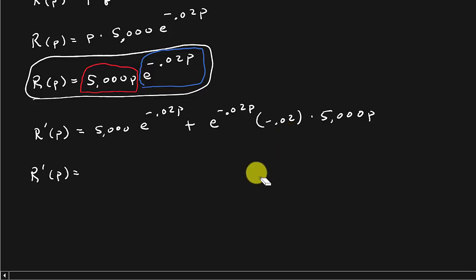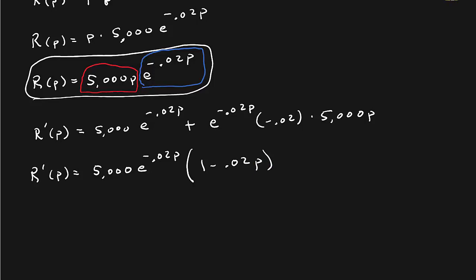So what I'm going to do now is factor out a 5,000 e to the negative 0.02p. If I factor it out of here, I'm left with 1. Factor it out of here, I'm left with minus 0.02p.